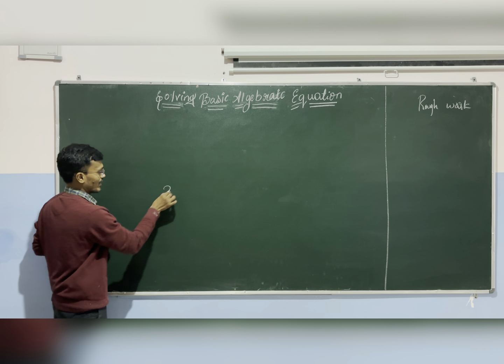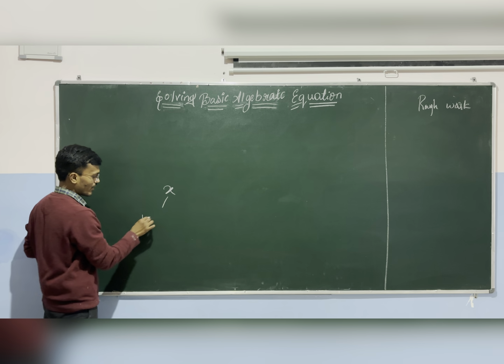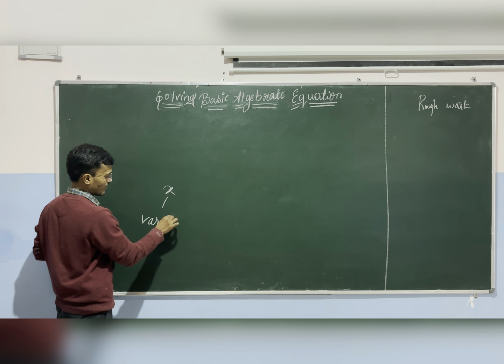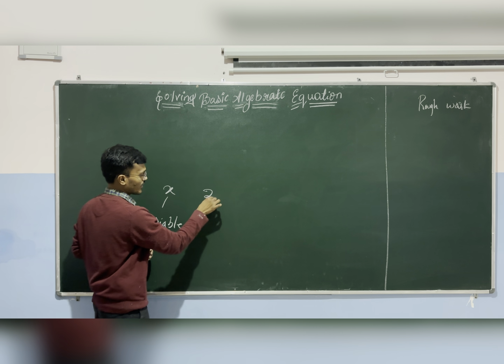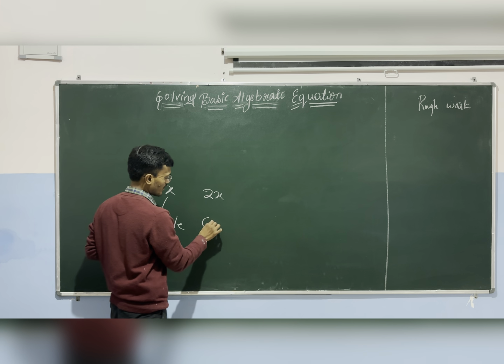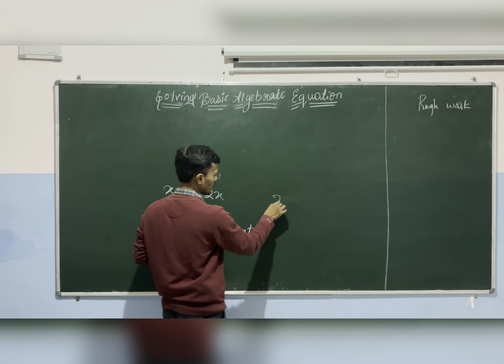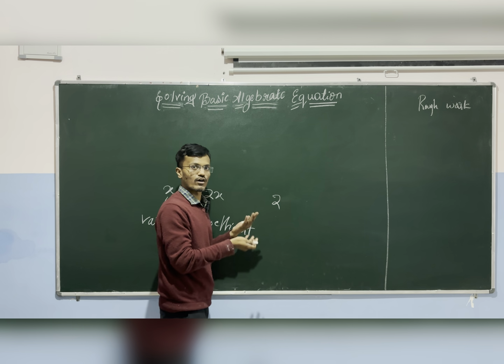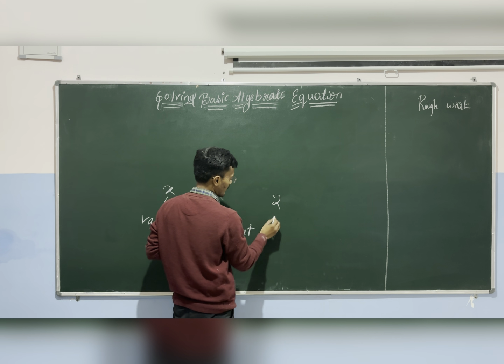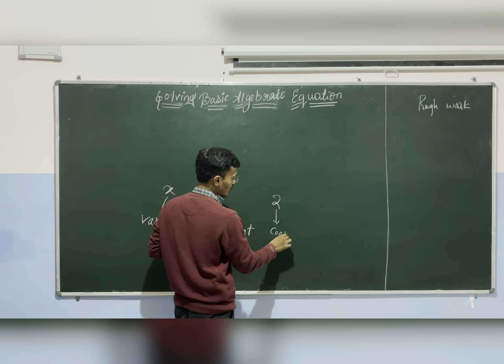So now x is what we will call a variable, and 2 in 2x is the coefficient of x. And 2, or you can take a 3, or you can take a 7, we will call a constant.